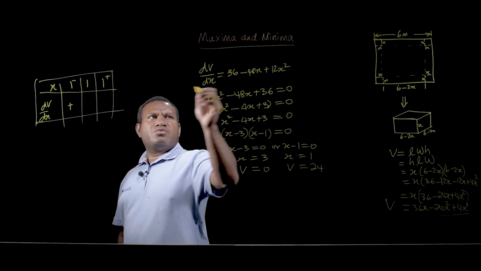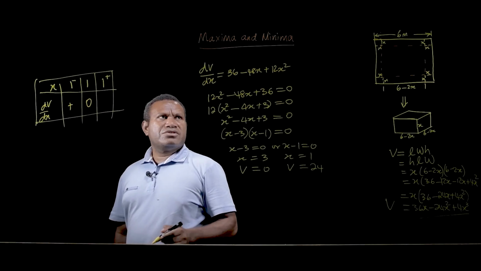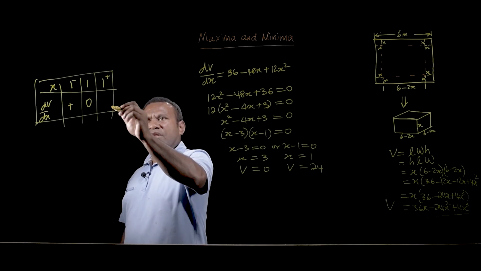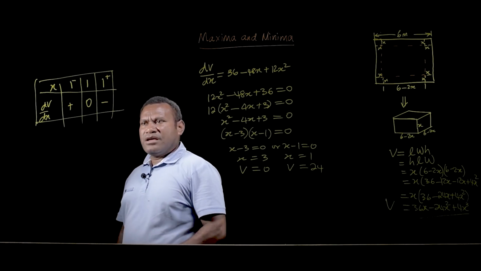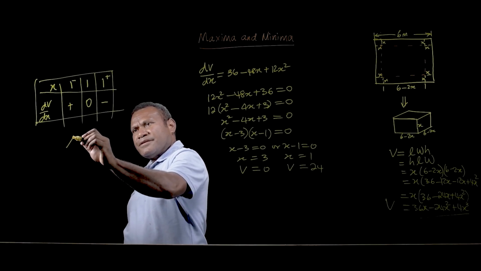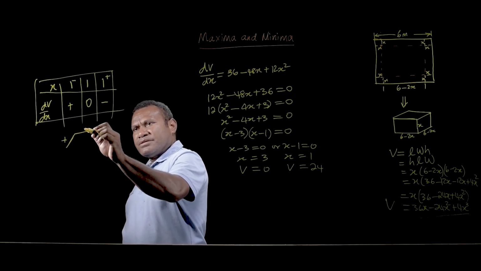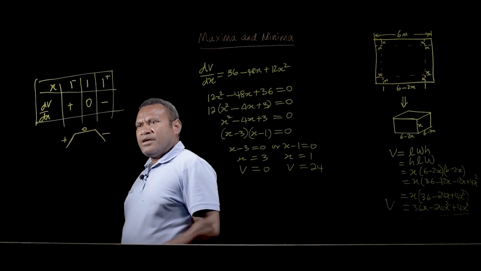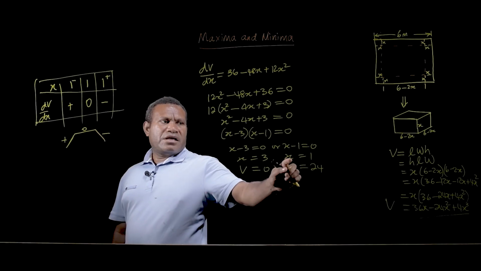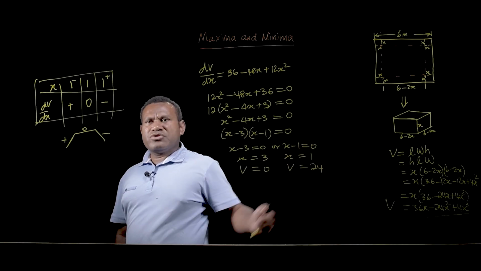If I substitute 1 into this function, I get a 0. If I substitute a number greater than 1, let's say 2 or 3, you will end up with a negative answer. So you look at this pattern here, you will get something like this. Okay, a positive, 0, and negative. And this shows us that x equals 1 produces the maximum volume of that box there.